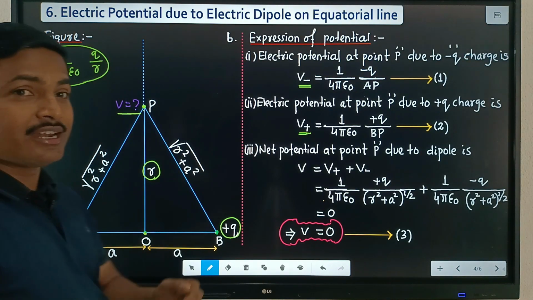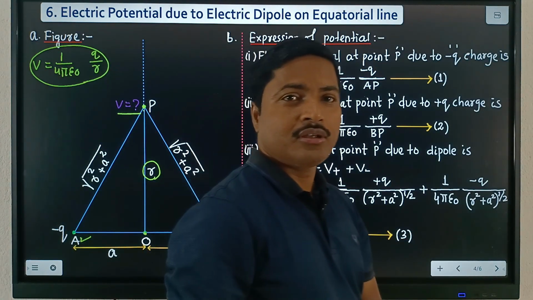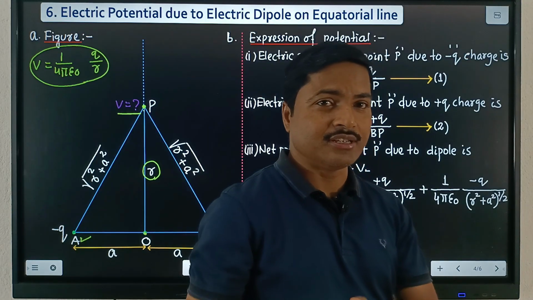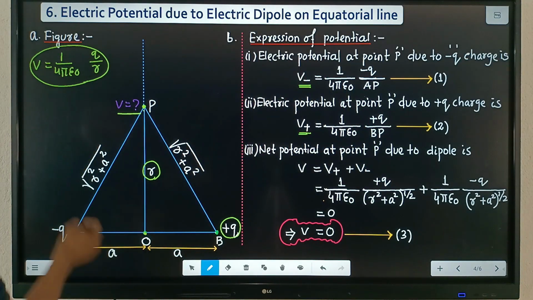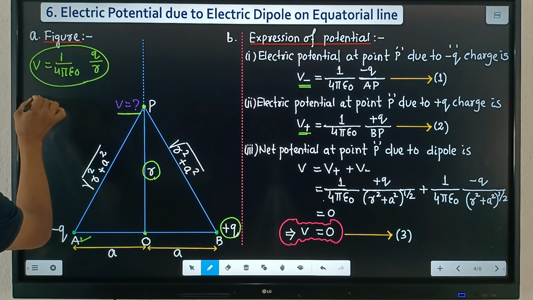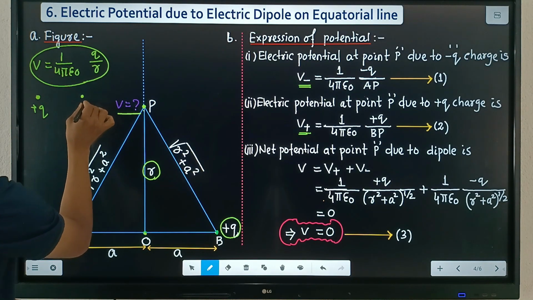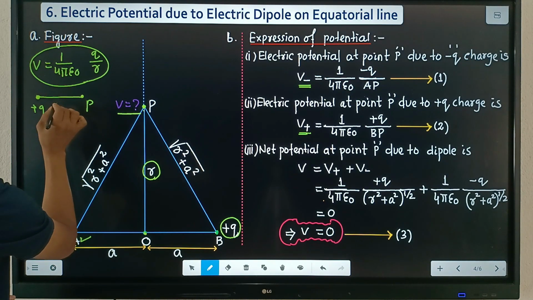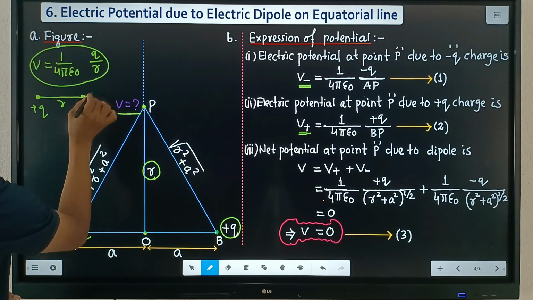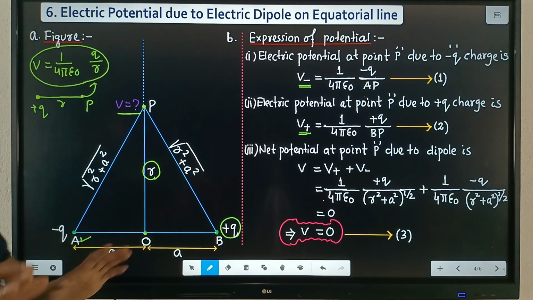This is the expression of the electric potential at any point due to a point charge. We have discussed this in the previous class. Suppose you take a source charge, this charge is plus Q, this point is the observation point, that is P point, this distance is equal to R, then at point P, this is the expression of the potential. We know that.